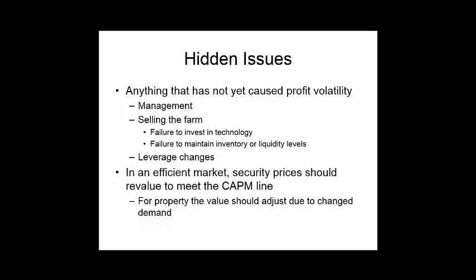For property, the value should adjust similarly, and as demand changes, the property should move closer to its appropriate level. While the CAPM line is the appropriate conceptual tool for the equity markets, it's a little more difficult to apply to property, where we have the valuation profession as the most capable analyst to be able to say where property value should be.